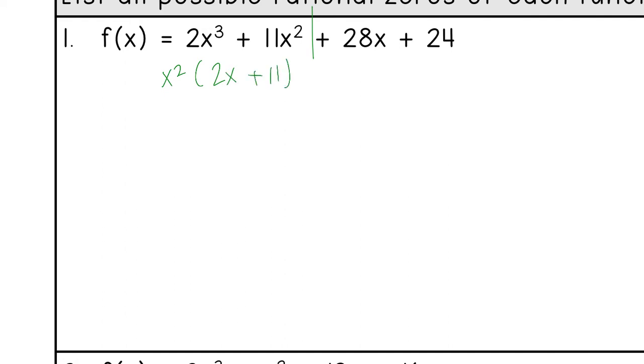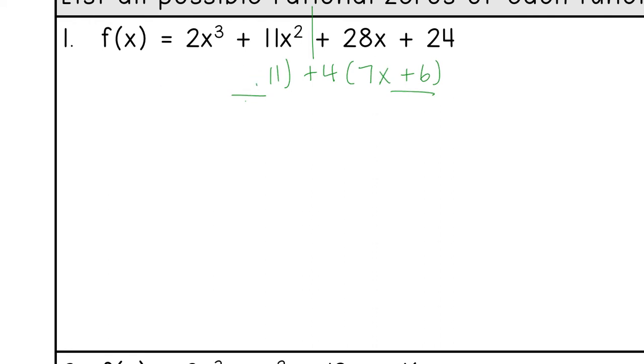And then on the other side, I can take out 4, I think. So plus 4, but then that would leave me with 7x plus 6. What's in the parentheses is not the same, so factor by grouping didn't work in this case.